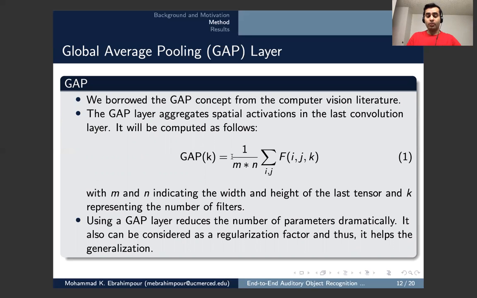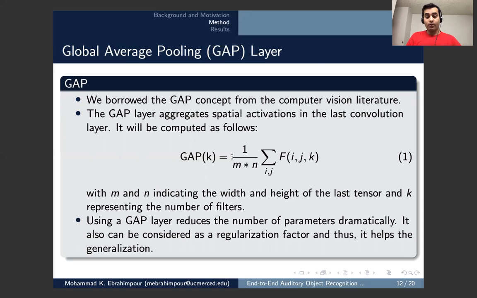In the global average pooling layer, we are basically trying to aggregate the spatial activations in the very last convolutional layer. Imagine that in the last convolutional layer we have a rectangle of size m by n, and then we have k of them. All we are going to do here is take the average over the spatial locations of the m by n rectangles, and then we are going to end up with k different numbers.